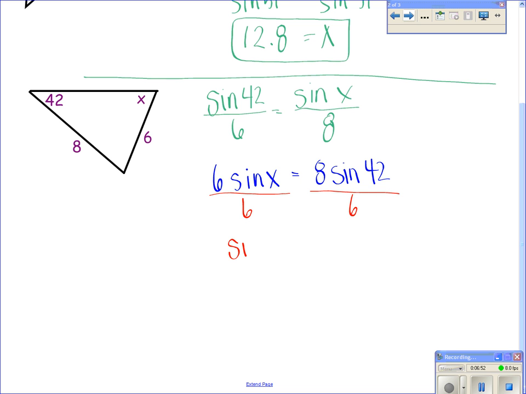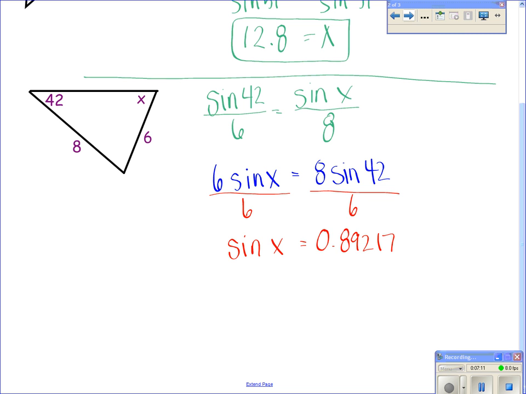So now we get sine x by itself. Somebody tell me the decimal we get here. 5 numbers after. 0.89217.